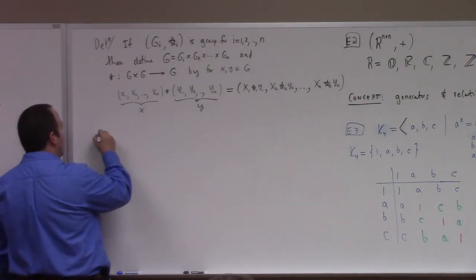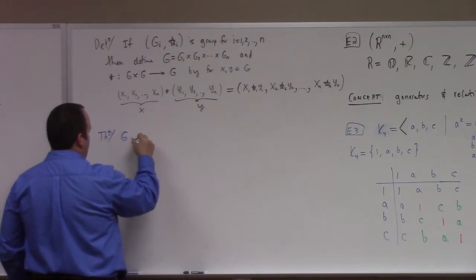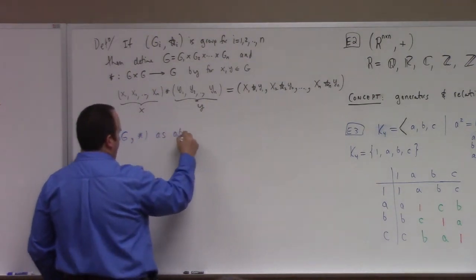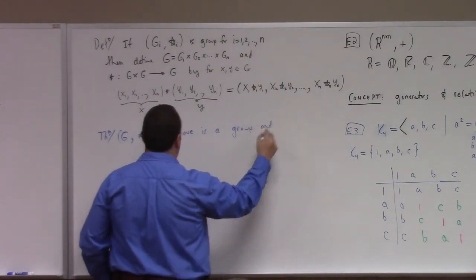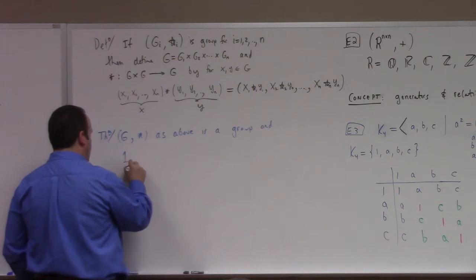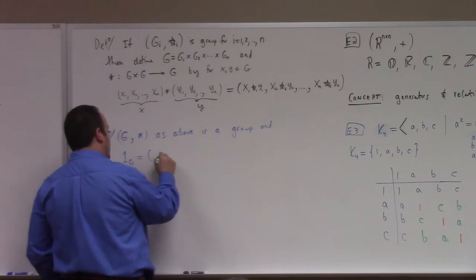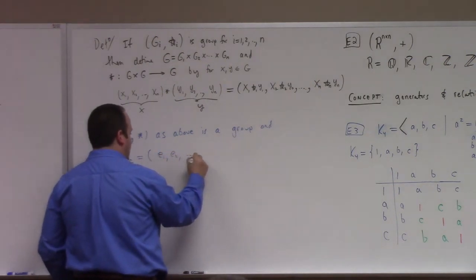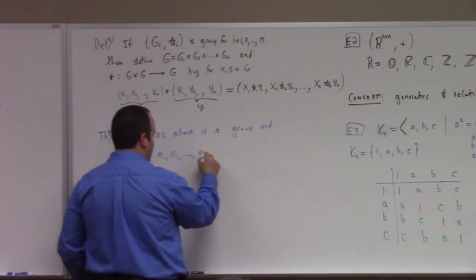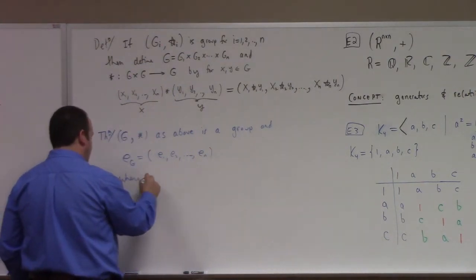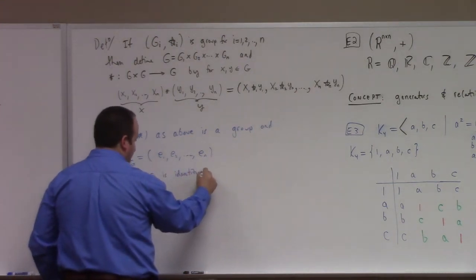Okay. So the theorem, super nice, is that (G, star), as above, is a group, and the identity in G is exactly the tuple E1, E2, ..., En, where Ei is the identity in Gi.